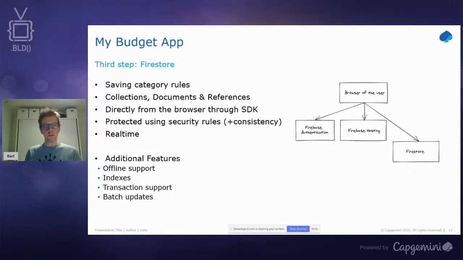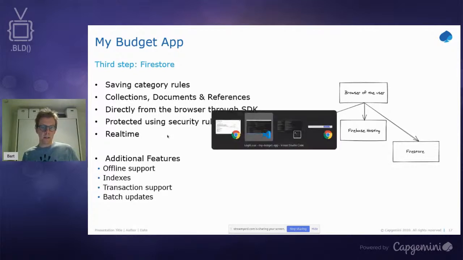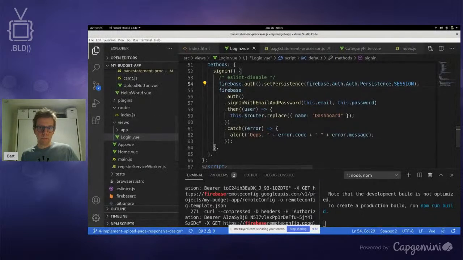But Firestore gives you some more querying capabilities. Both databases are based on JSON, so based on documents. So you have to translate, in my case, your category mapping rules towards documents that you then store. You can do that directly from the browser.